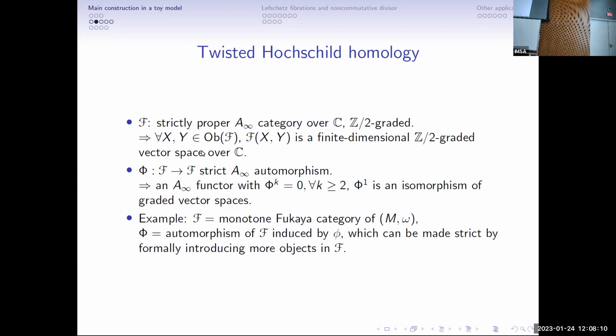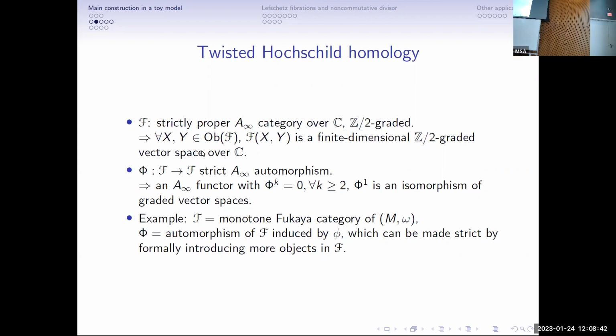And for the automorphism, because we have a symplectic automorphism phi, it induces a map on the entire category, and that's going to be the automorphism of our category F. And as I said before, it can be made into a strict automorphism by enlarging our category, without really changing the other behaviors of our category. Okay, so that's the setup. So in the category, we have an automorphism.